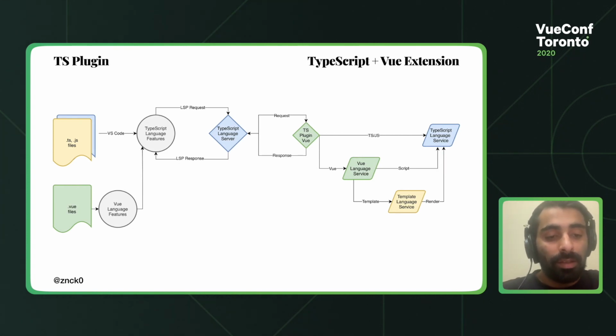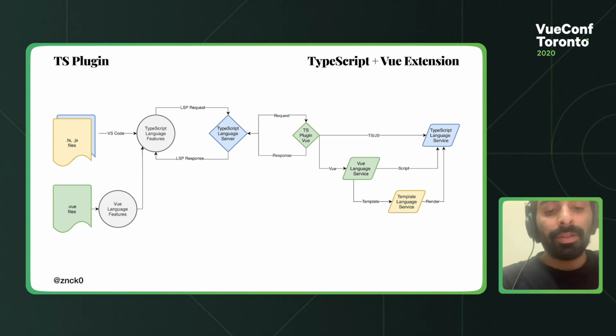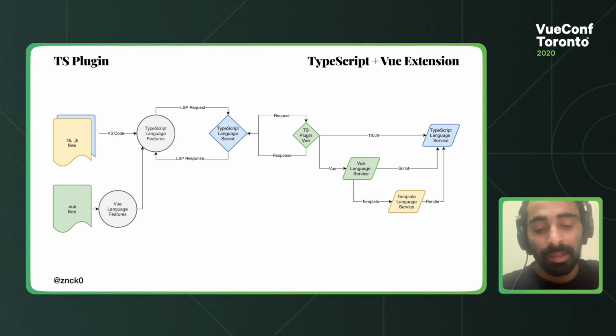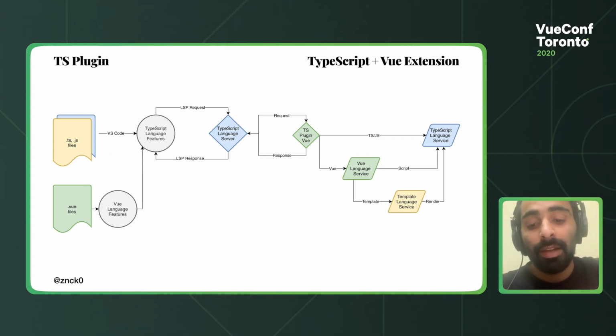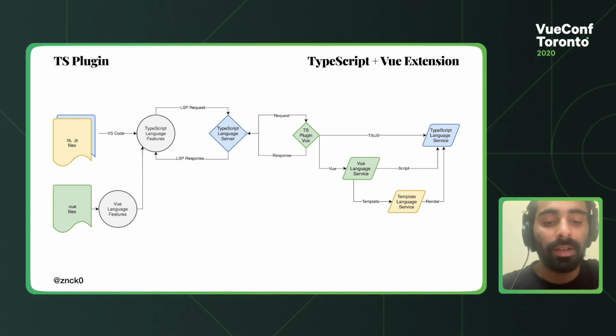Now let's look at this. So the first thing we need is to tell VS Code that a Vue file is actually a TypeScript or a JavaScript file. We do that by configuring the TypeScript language server to handle .vue files along with TS, JS, TSX and JSX files.